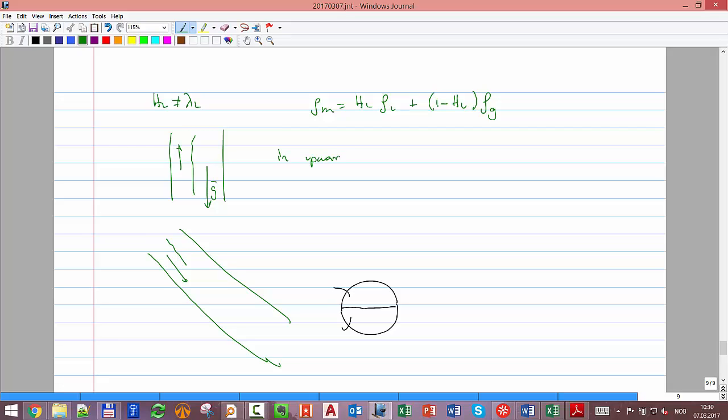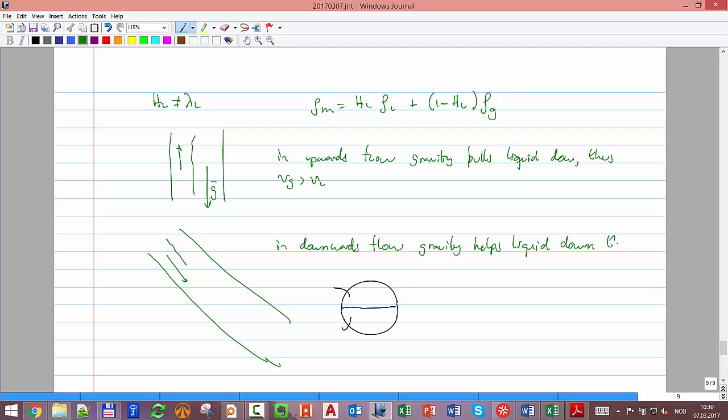In upwards flow, okay, again in downwards flow, gravity helps the liquid go down, thus in that case the velocity of the gas is less than the velocity of the liquid.